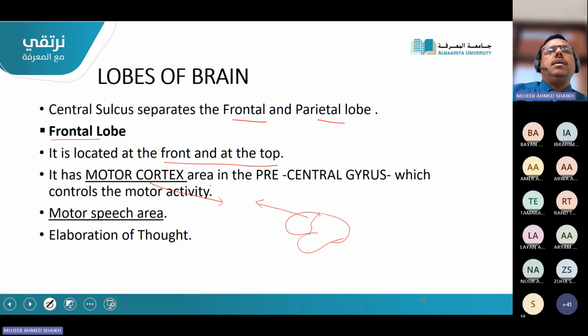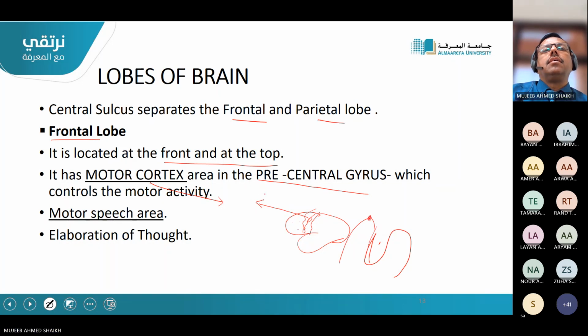The area in front of the central sulcus, especially this area, we call the precentral gyrus. I will show you that this is a sulcus and this is a gyrus. So this is the precentral gyrus.